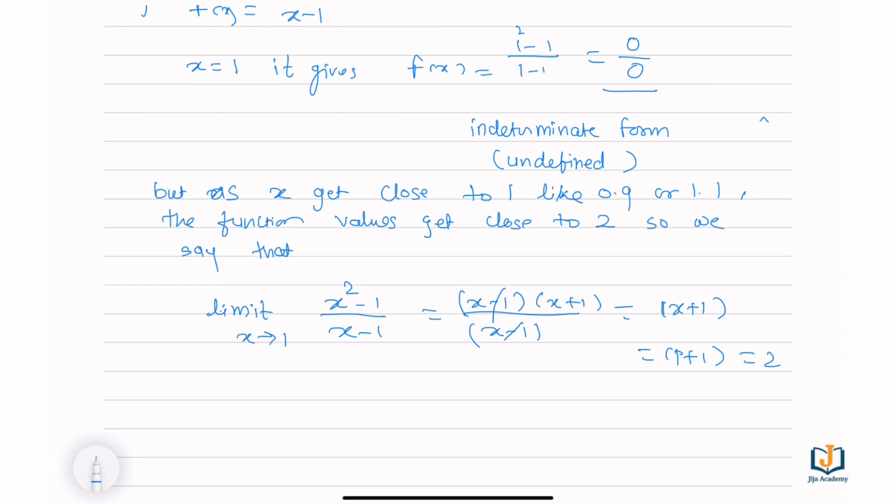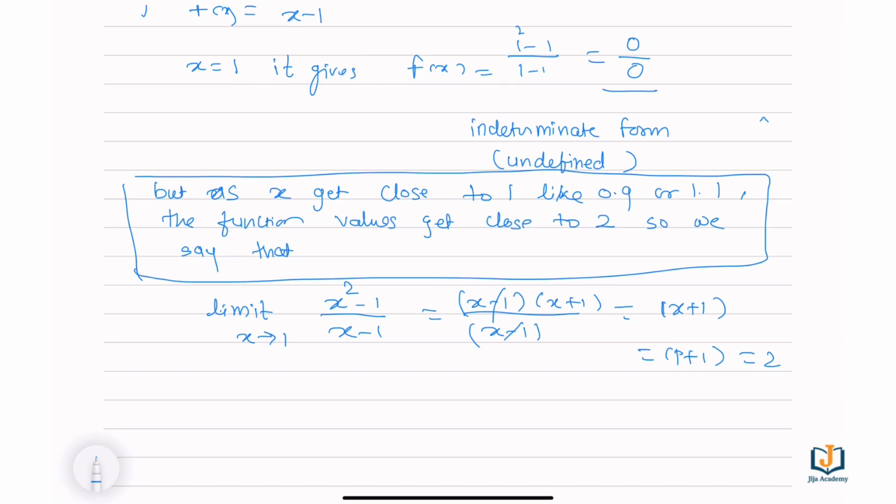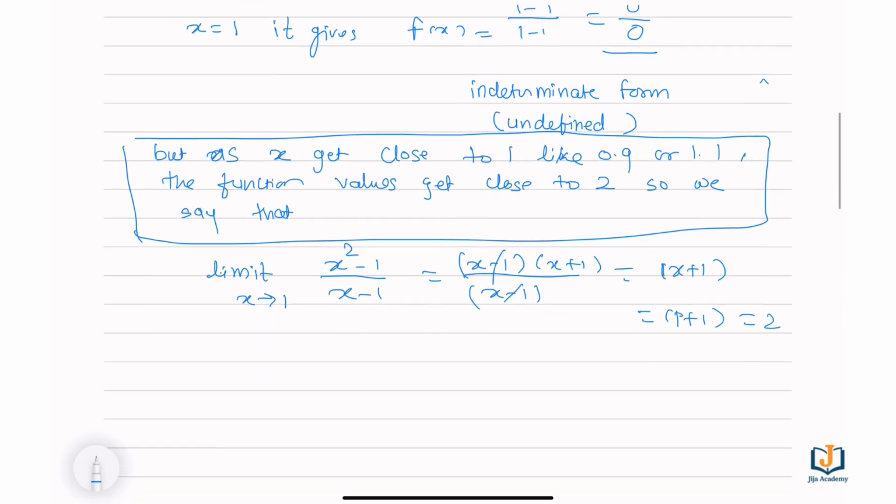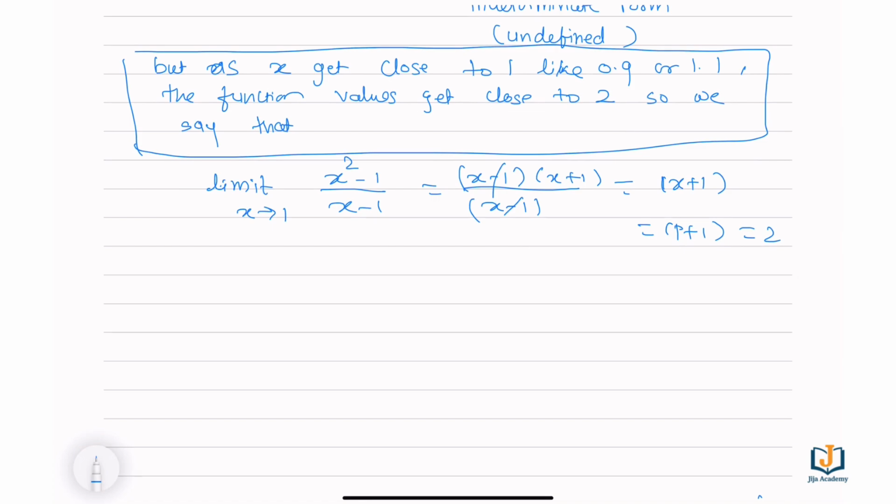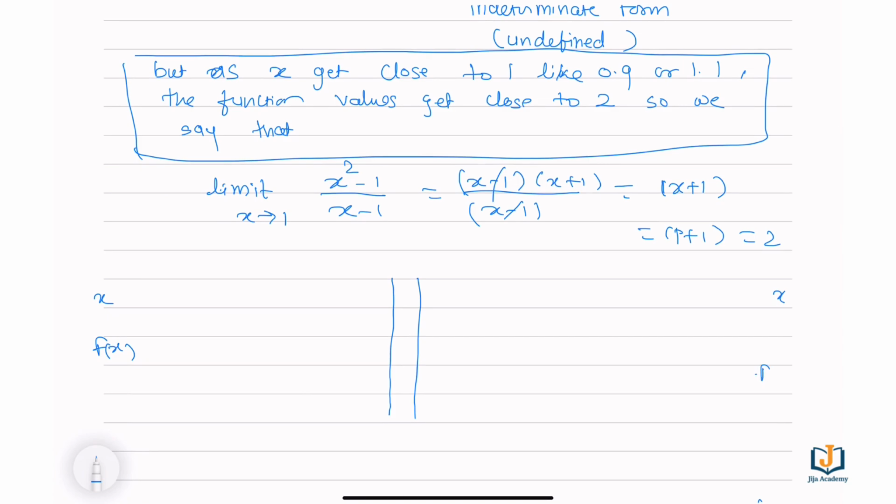So we are explaining this in terms of a graph. For that we are taking one chart, this is x and this is f of x.